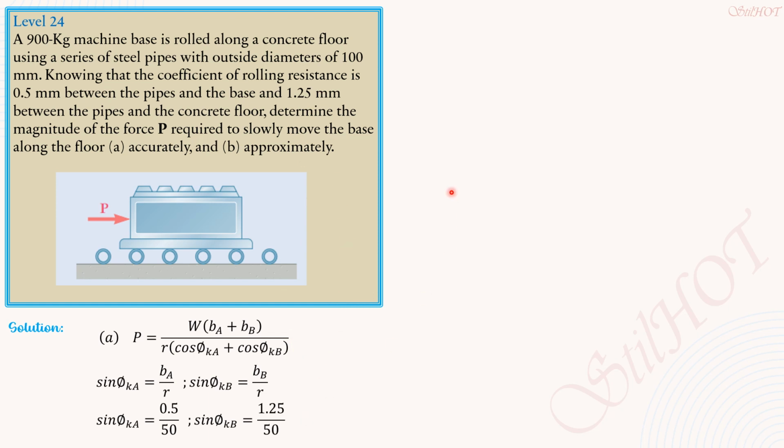So solving for these angles, phi sub Ka is 0.5730 degree, which is a very small angle. Likewise, phi sub Kb is 1.4325 degrees, which is also a small angle, so their cosines would be very close to 1. So substitute into this equation where W is 900 times 9.81 and R is 0.05 meter.